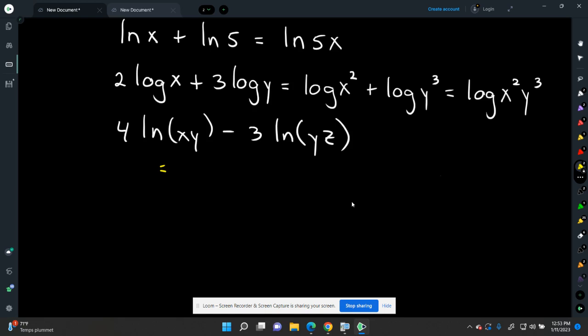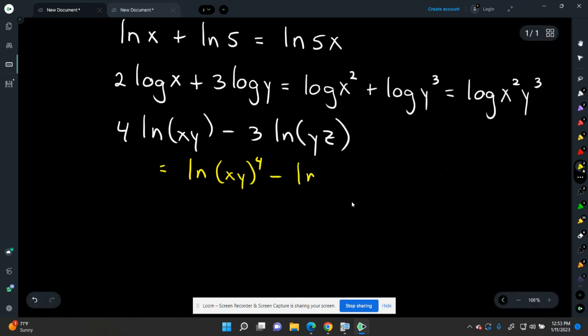Okay, so since the x y is in parentheses, I can rewrite it as natural log of x y to the fourth minus natural log of y z to the third. And then we can change it into division. Natural log of x y to the fourth divided by y z to the third.